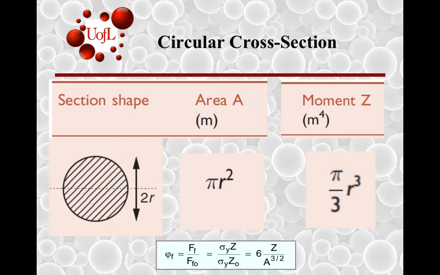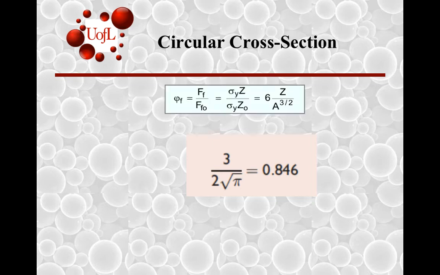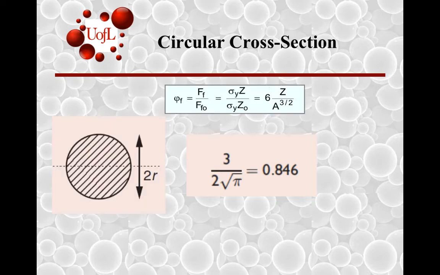So if we now want to calculate the shape efficiency factor for the circular cross section, we substitute moment Z in the numerator, area A in the denominator, give it a try, and see if you come up with this answer from this equation. So again, just like we had seen in the case of the stiffness limited design, where this was a constant 3 divided by pi, which is about 0.955, you have another constant, in this case 0.85.